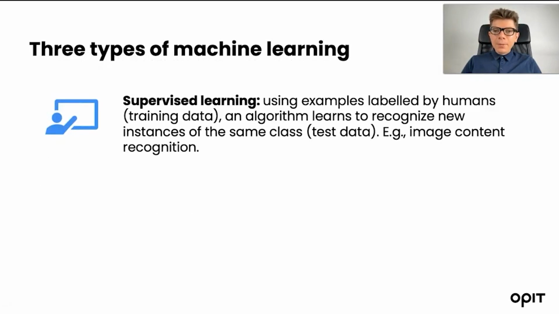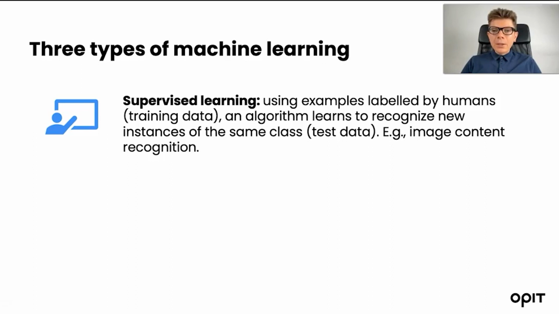The first type is supervised learning. Supervised learning is about using examples labeled by humans and an algorithm that learns to recognize new instances of the same class using those examples. So we have something that is called training data, which consists of items, elements that are labeled by humans, and something that we call test data.